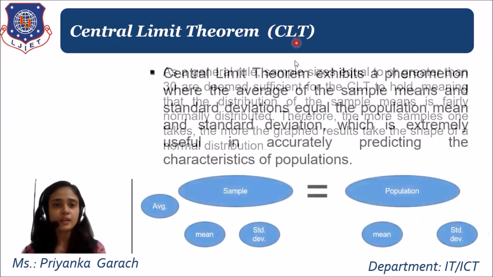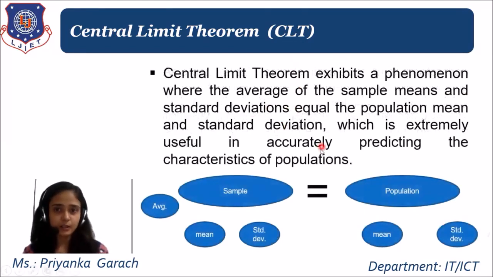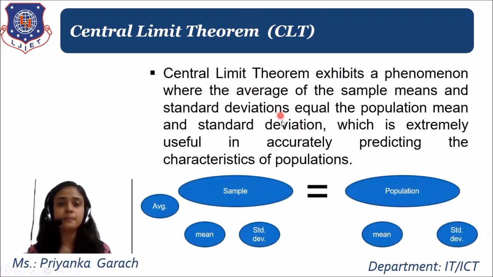Now the third point is that the central limit theorem exhibits a phenomenon where the average of the sample mean and the standard deviation is equal to the population mean and the standard deviation. You can draw a graph like this to understand the statement. You can apply such methods and draw graphs in various different topics.